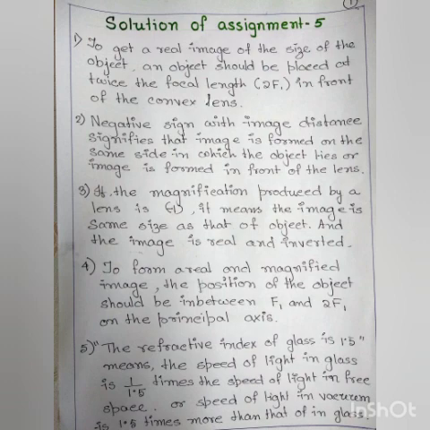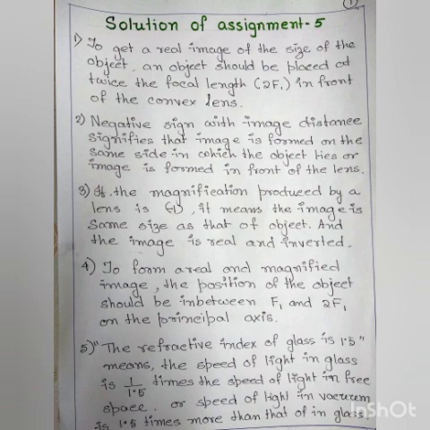Now here also I want to discuss one point. Don't mention the left side of the lens or the right side of the lens. If you consider the object at the left side of the lens, the image will also be formed on the left side. But if the object is at the right side of the lens, then the image will also be formed on the right side.